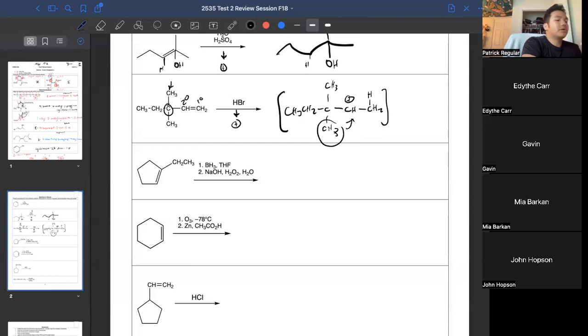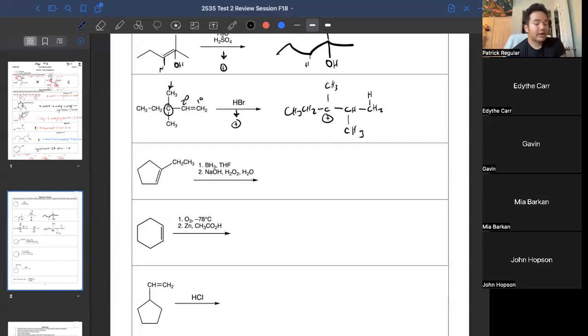This would shift over there, and that carbocation would thus move. Let me redraw it once it shifts. CH3, and now the carbocation is right there. It just basically trades places when it shifts. That's a very stable tertiary carbocation, and now the Br can attack there, and our final product would be this.